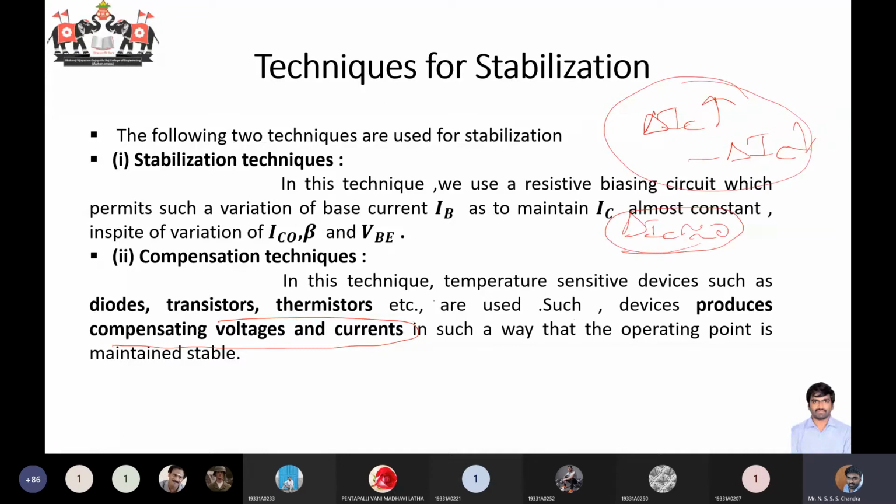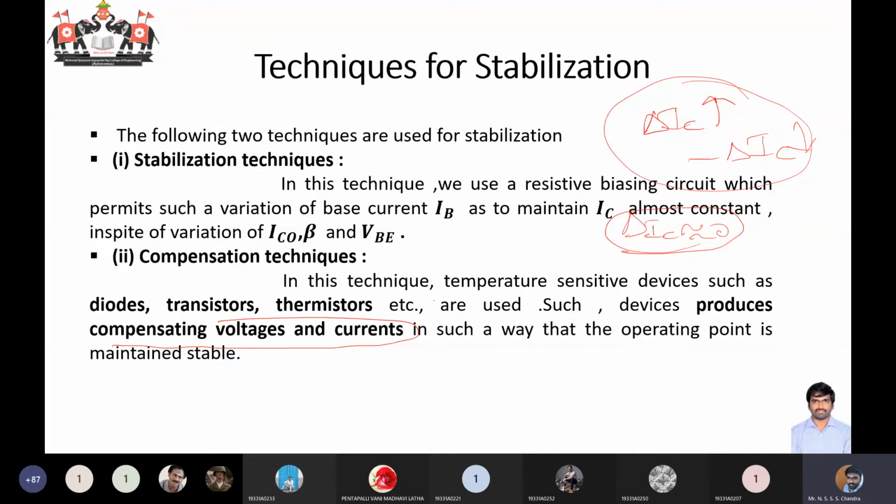So what we are doing is keeping additional temperature sensitive devices in order to balance or counter the changes in the current. This is called the compensation technique.